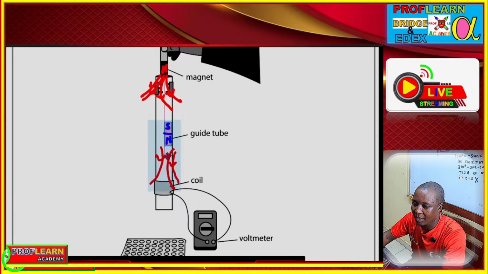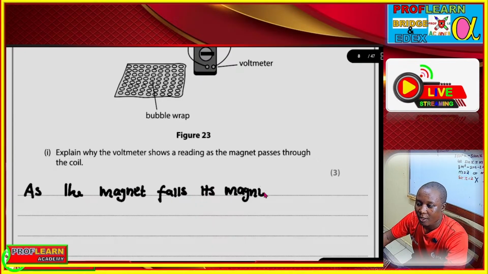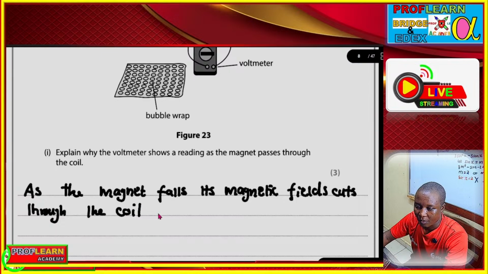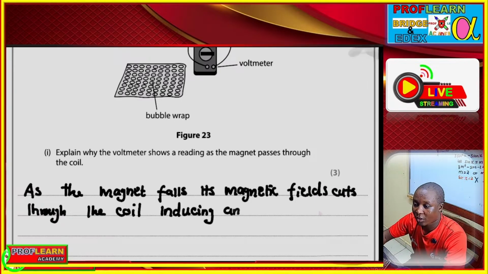We are saying that this magnet is going to drop, and in the process of dropping, these magnetic fields are going to cut through the coil, and then there will be an EMF induced. So we can put it in words and say that as the magnet falls through the magnetic field, the fields cut through the coil, inducing an EMF or a voltage, which is going to result in the flow of current, and then that is going to be detected.